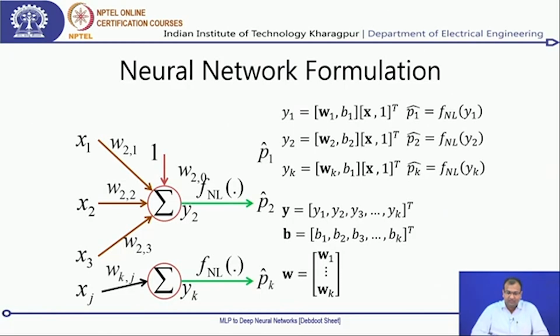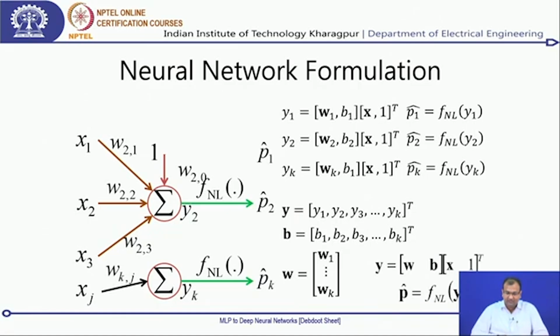Accordingly, my bias B can also be arranged into a column matrix. So, these are the two matrices we see here, and then each of these W1, W2 up to Wk can be stacked one on top of the other because each is independent of the other, and that gives me a rectangular matrix.